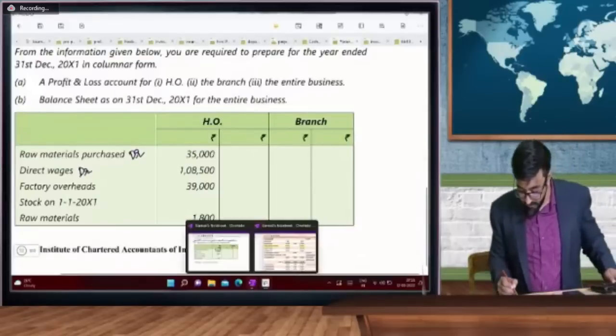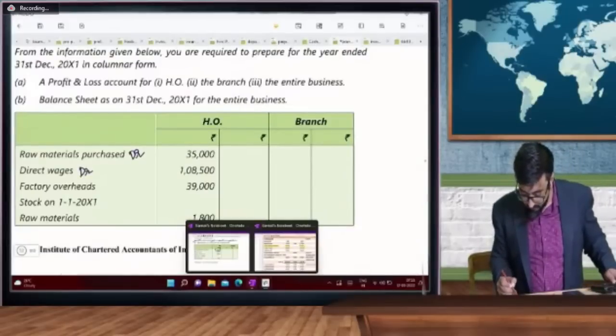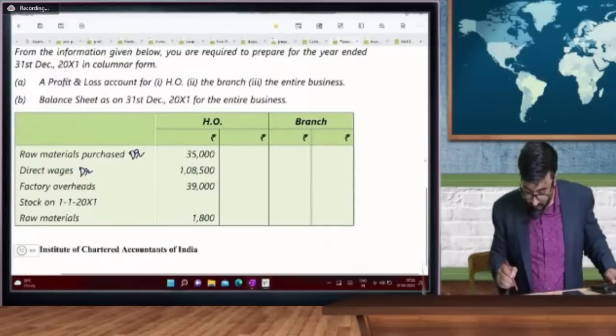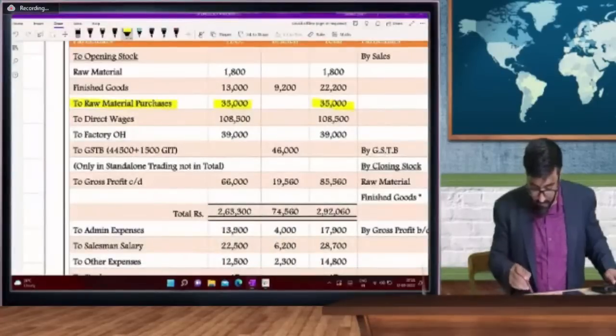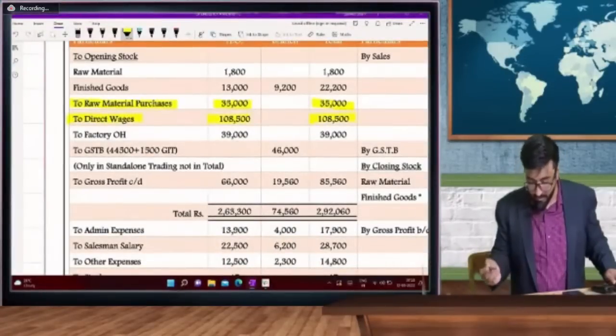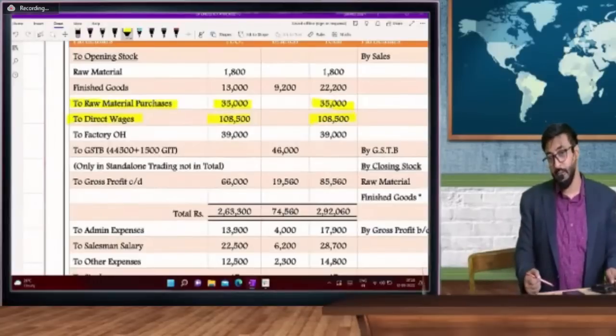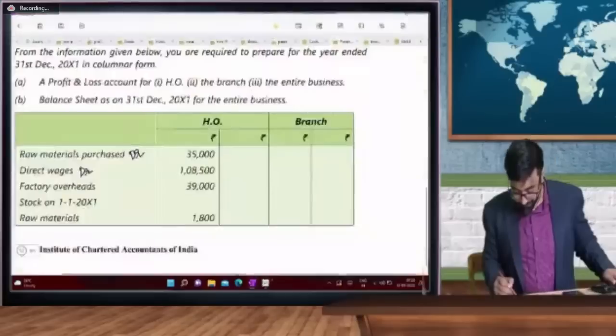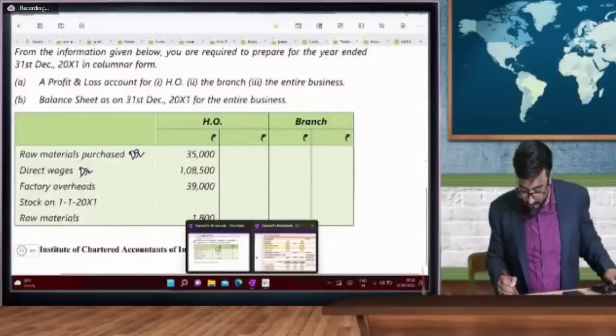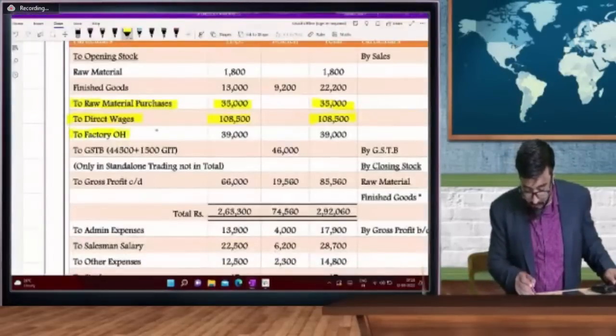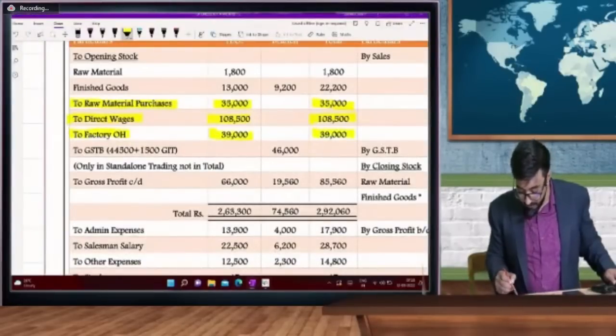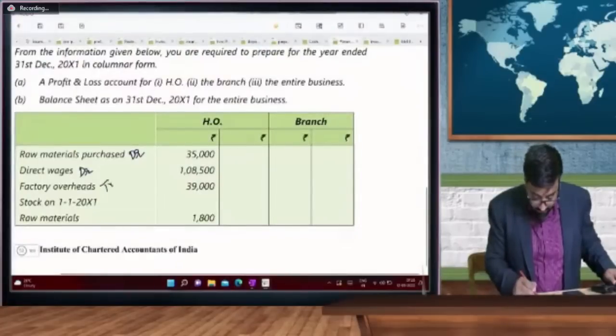You can check the answer. Direct wages 1,08,500, 1,08,500. So we prepared the total column also. Factory overhead, same line, 39,000. Trading debit. So you can write over there, trading debit.